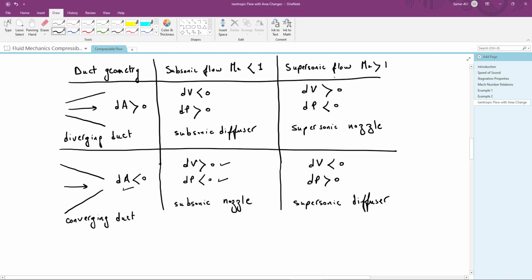So to do this, we will need a geometry called the converging-diverging duct. And in fact, we also use this geometry to decelerate a supersonic flow to the subsonic flow condition. So it acts in both ways, in acceleration and deceleration. Okay, so let's stop talking now and let's talk more about the converging-diverging duct in the next video.